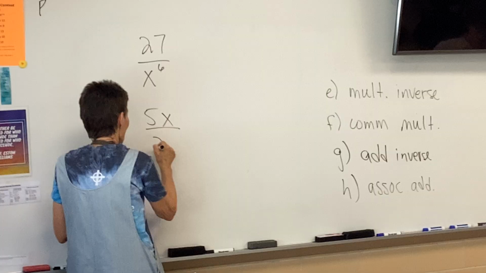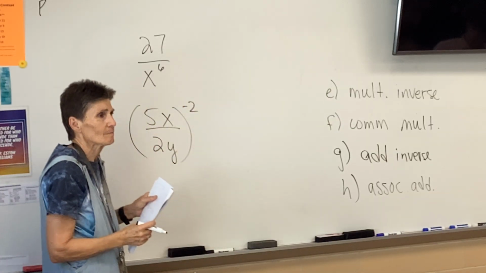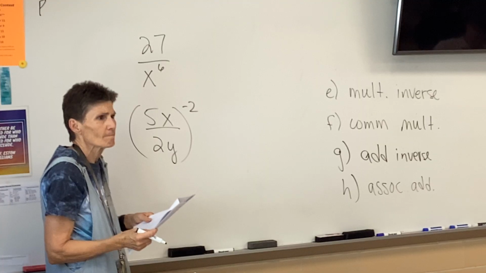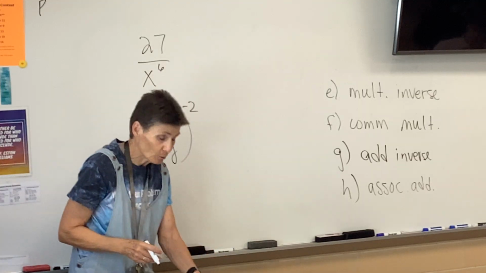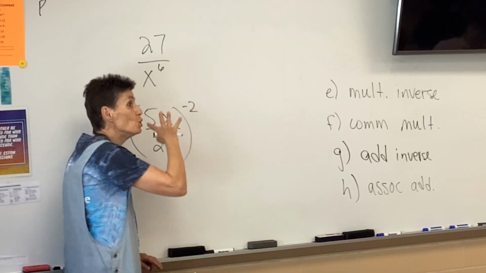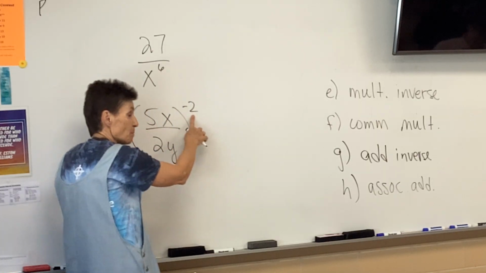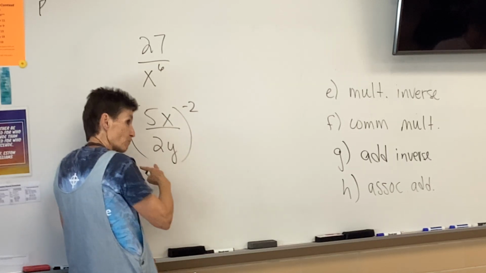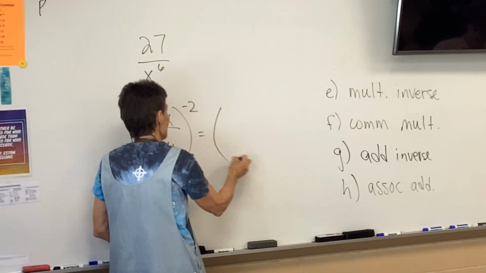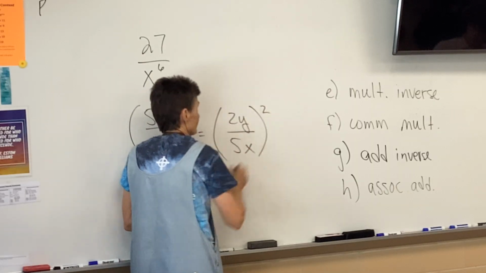Anybody remember how to handle something like this? You have to flip it. You do. Negative exponents move things. And since that negative exponent is on the entire fraction, it's going to flip the entire fraction.